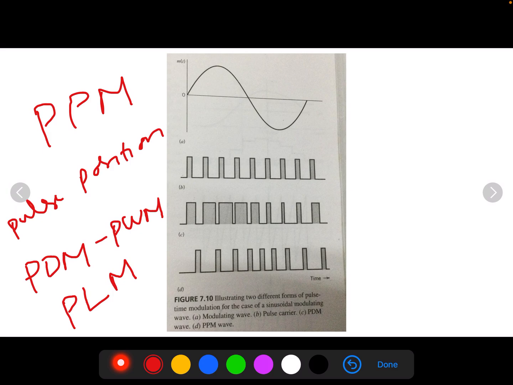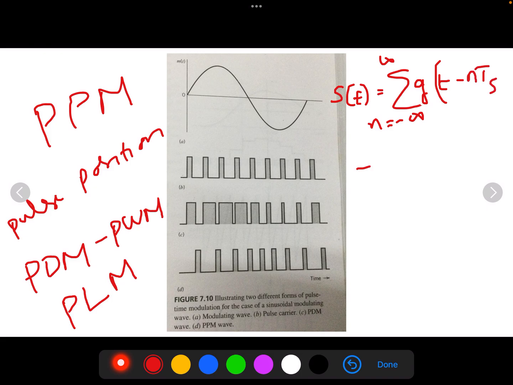To modulate the position of the nth pulse, we obtain the signal s(t) equals summation n from minus infinity to plus infinity g(t minus nTs minus kp m(nTs)), where kp is the sensitivity of the pulse position modulator, and g(t) denotes a standard pulse of interest.